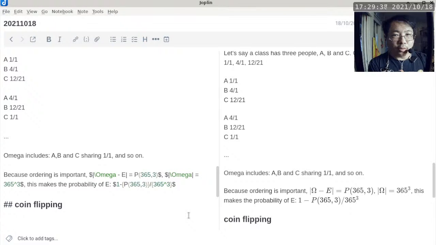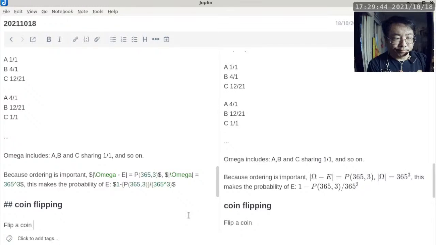So with coin flipping, let's say we flip a coin 5 times. The question is, I don't really care about the ordering. I just want to do a count. How many times do we end up with a head and how many times do we end up with a tail?